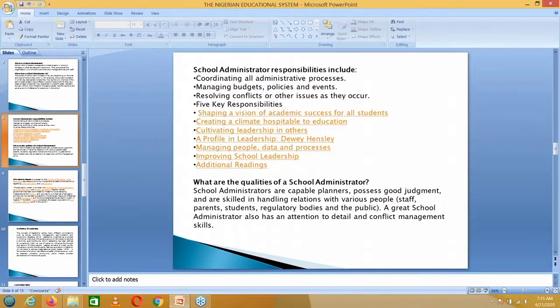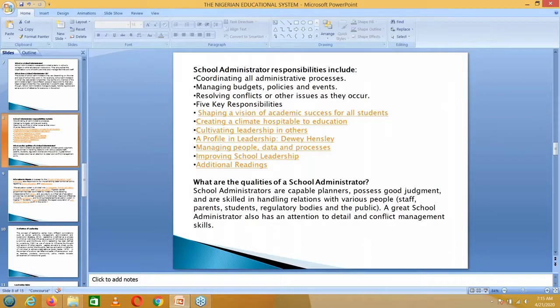Let's look at the key responsibilities of a school administrator. Now, a school administrator is to shape the vision of academic success for all students.